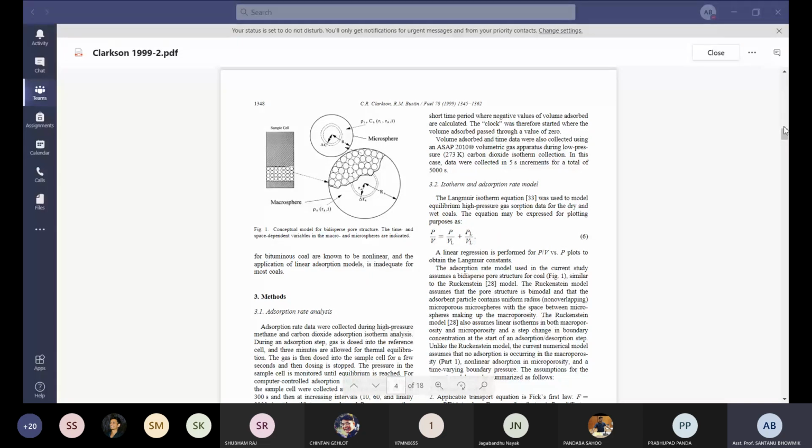Yeah, this is the unipore diffusion model, and this is the micropore diffusion model, macropore, and this is the bidispersed pore model. This is going to take within the micropore and the macropore. So the pore structure is assumed to be heterogeneous here.